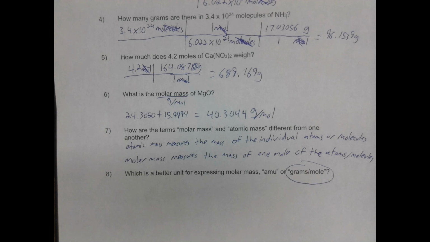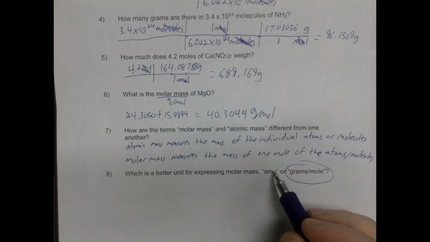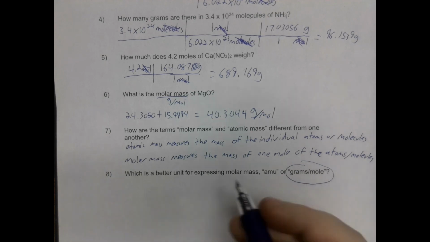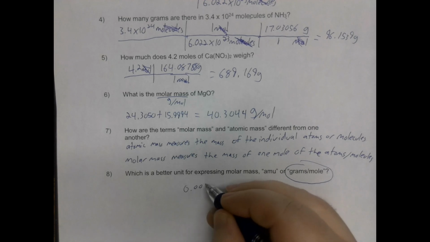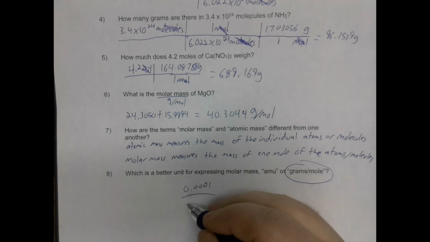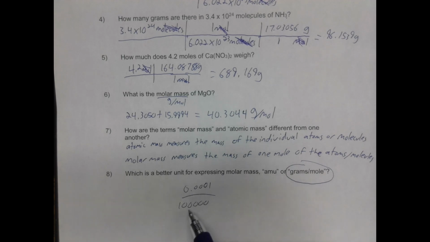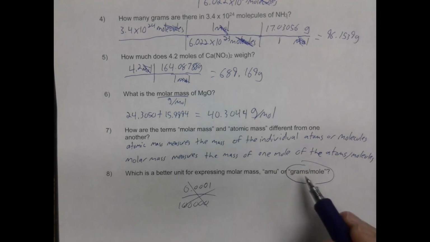You could technically measure it in atomic mass units per mole, but that's a super crazy small number, and mole is a super crazy number. So if you had like 0.0001 divided by like a really big number, then you're going to get a stupidly small number. So it's better to use something bigger like grams per mole.